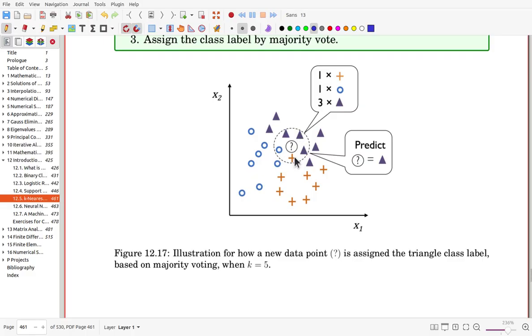So by using the majority vote, we can decide the given new point must be a triangle. In this way, we predict the new data point. So it is a lazy learner, and there is no specified training step. It's quite simple. In fact, this one is the simplest algorithm among all machine learning algorithms.